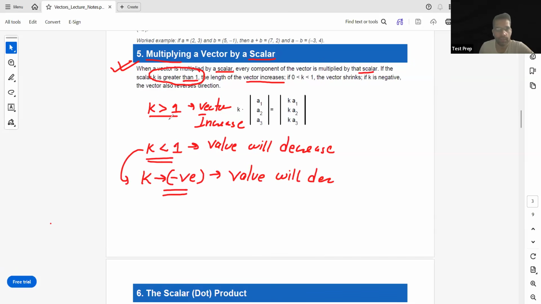If k is greater than 1, the value of the vector will increase. If k is less than 1, the value will decrease. The value of k can be negative and can be in between 0 to 1. In case k is negative, we multiply any vector by a negative number, the value will decrease.